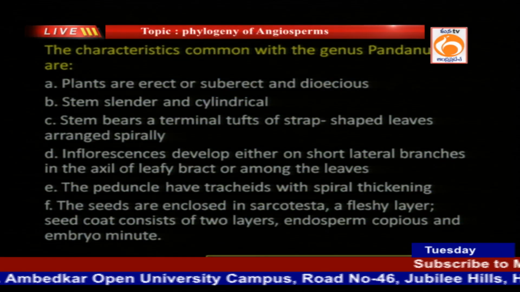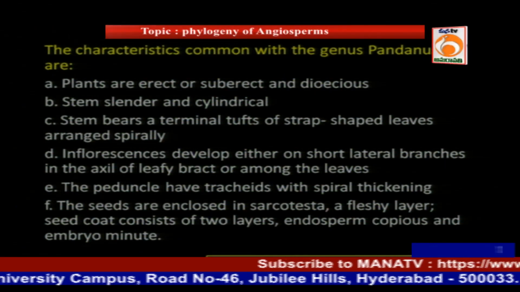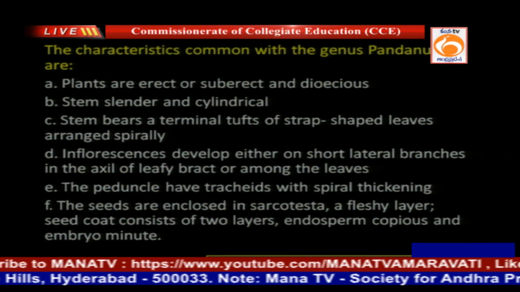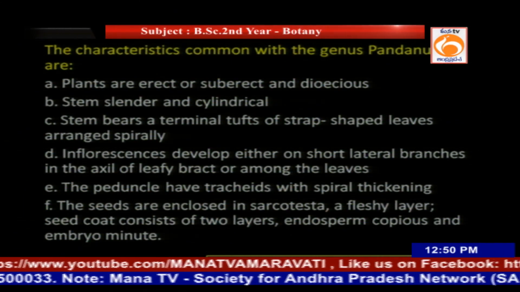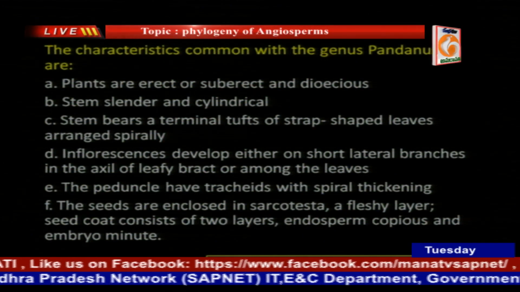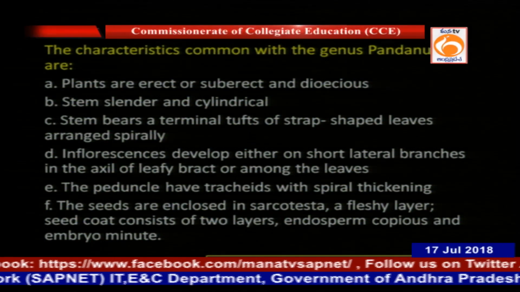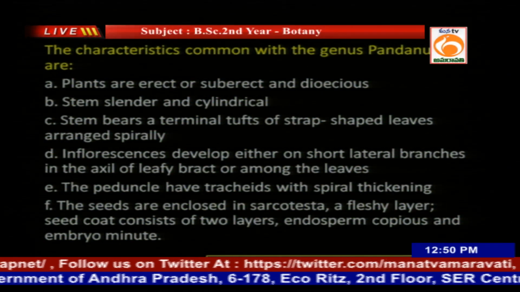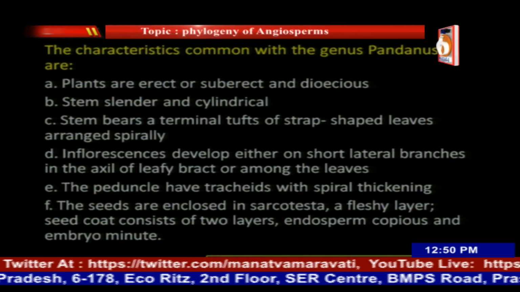Plants are erect or sub-erect and dioecious, stems are slender and cylindrical, and the stem bears terminal tufts of strap-shaped leaves arranged spirally. The inflorescence arises either laterally or in the axils of the leaves, in the same manner in both.